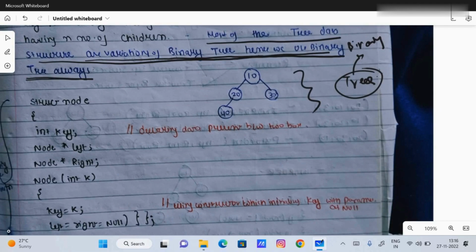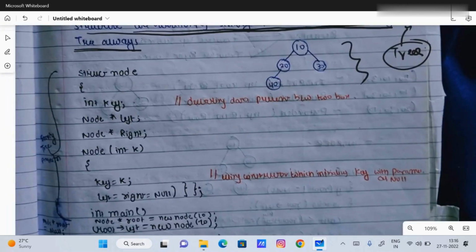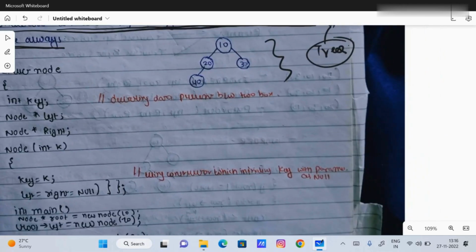In the basic representation, this is the basic root node, the left subtree, and the right subtree, containing one node in the right subtree and two nodes in the left subtree. So it mainly acts as a root.